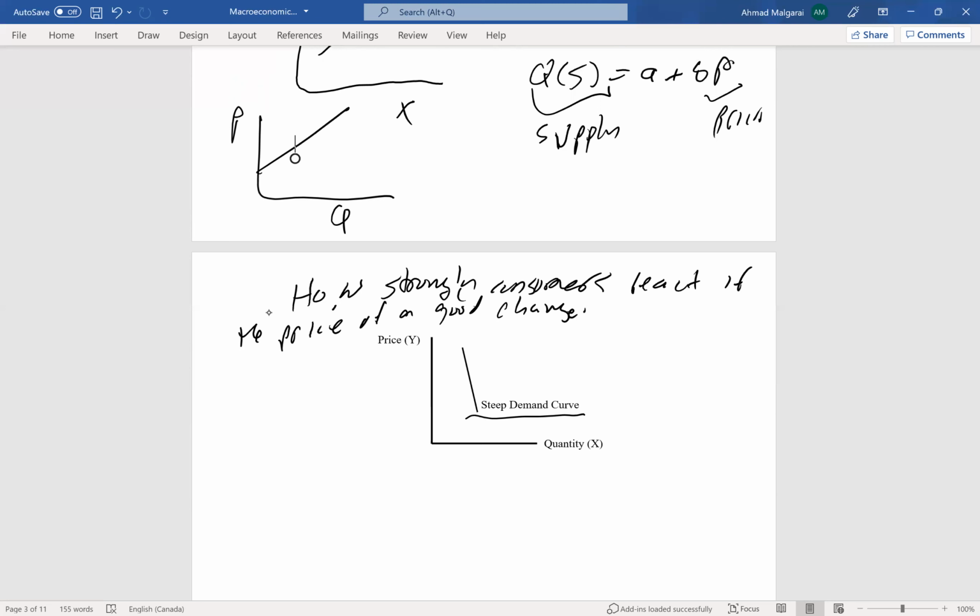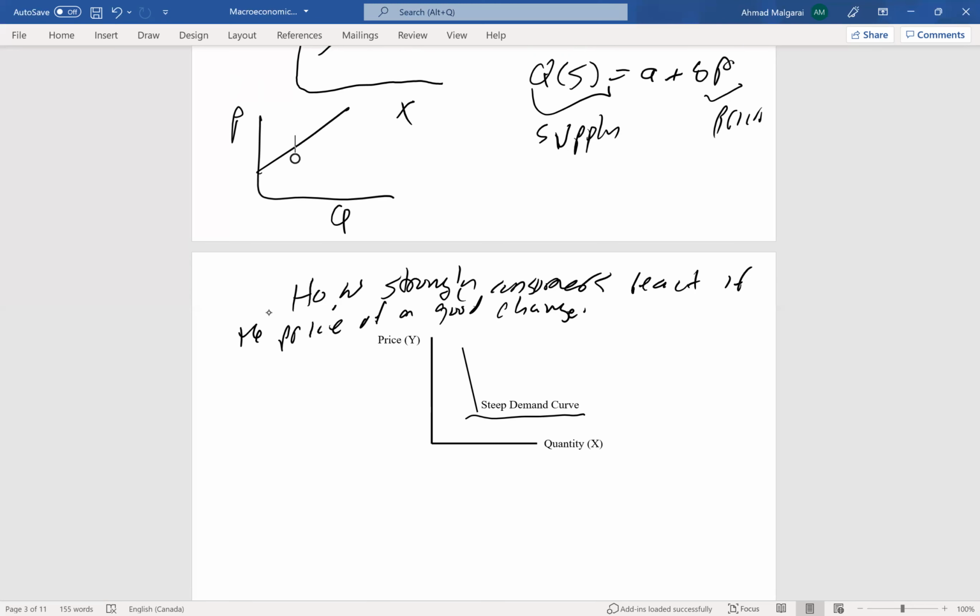So if prices change, the demand doesn't change very much. For instance, gasoline is a necessity. In cold weather like Canada, people must drive. Therefore, the demand doesn't change even though the price changes.